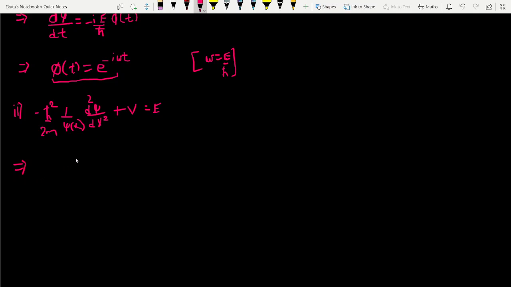So now what we can do is multiply this equation by psi of x, which means this and this will cancel out, and what we are left with is minus h cut square divided by 2m d square psi divided by dx square, plus V psi, where psi is a function of x alone.